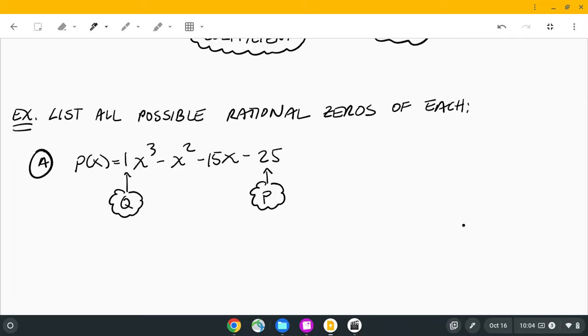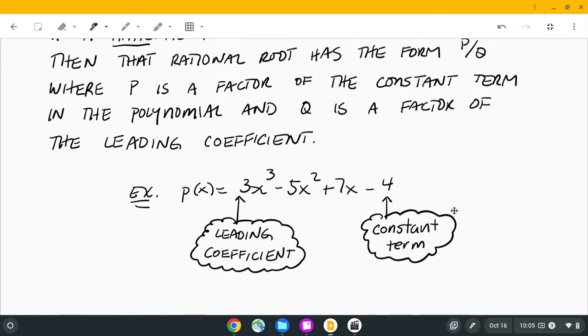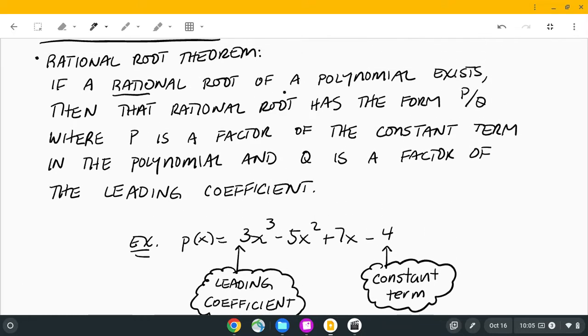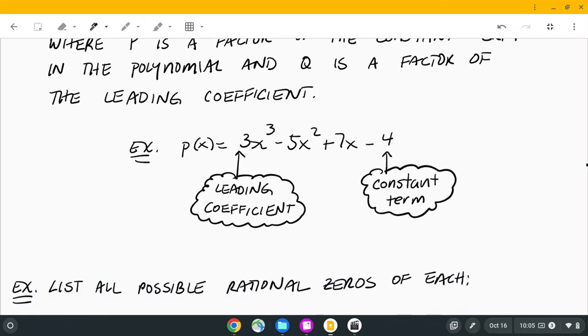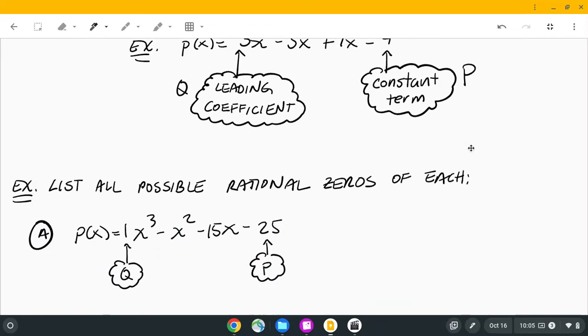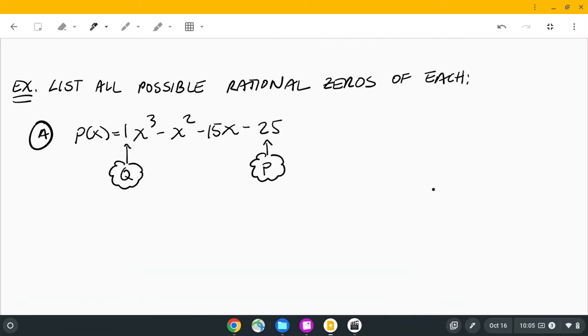According to the rational root theorem, if a rational root of a polynomial exists, then that rational root has the form p over q, where p is a factor of the constant term in the polynomial and q is a factor of the leading coefficient. So here's p, here's q. What I want to do now is list all of my factors of p.